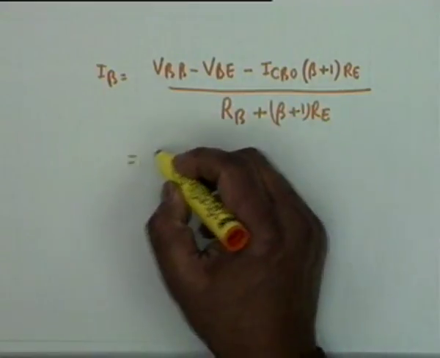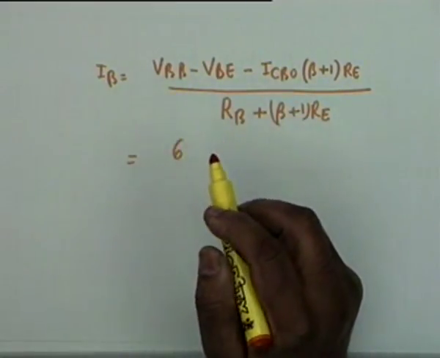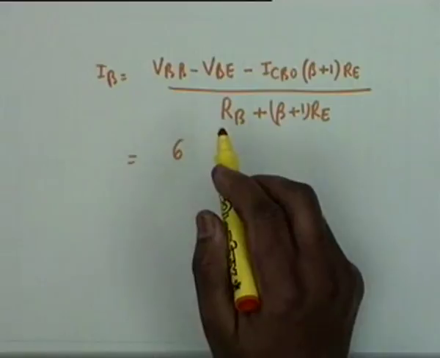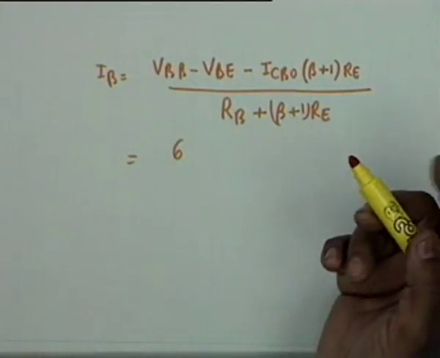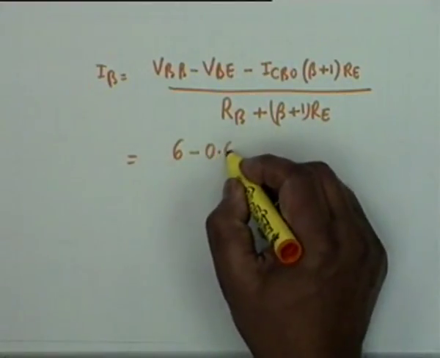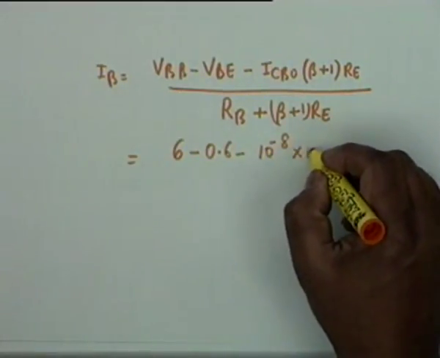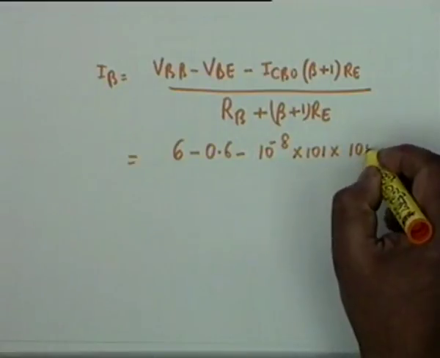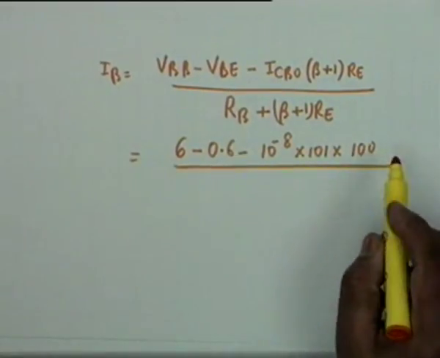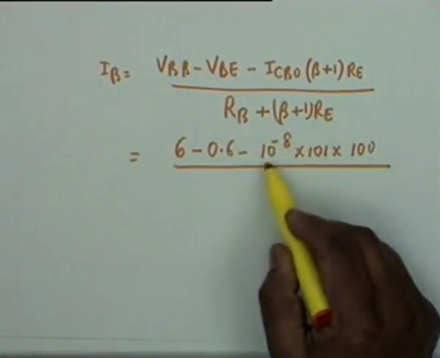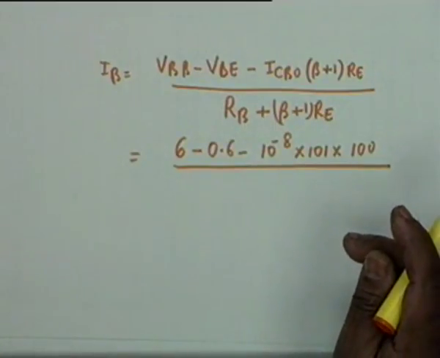If you substitute this, VBB would be 6 volt now, VCC R1 R2 divided by R1 plus R2, minus 0.6 minus 10 to the minus 8, beta plus 1 is 101, RE is 100. Even with this, it is of the order of 10 to the minus 4. Isn't that right?